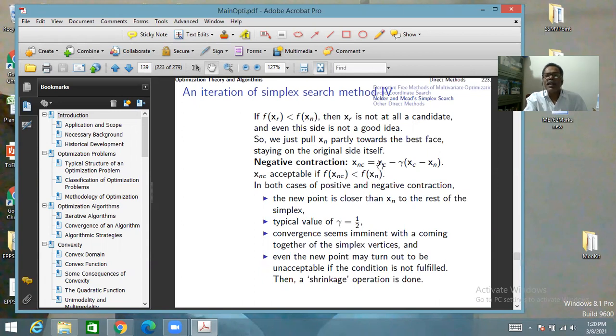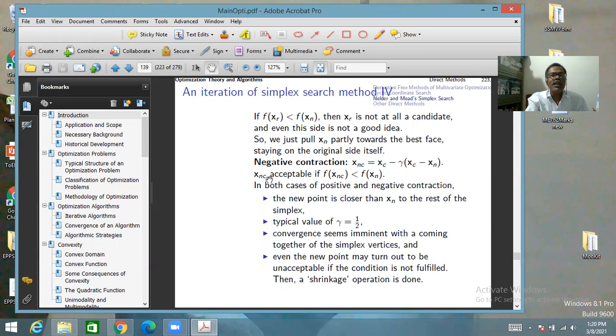So in that case, the same formula, except that here you have minus. So you come a little backward. So here also the contraction takes place because gamma is less than 1, but it is inward. It is the negative side, okay?